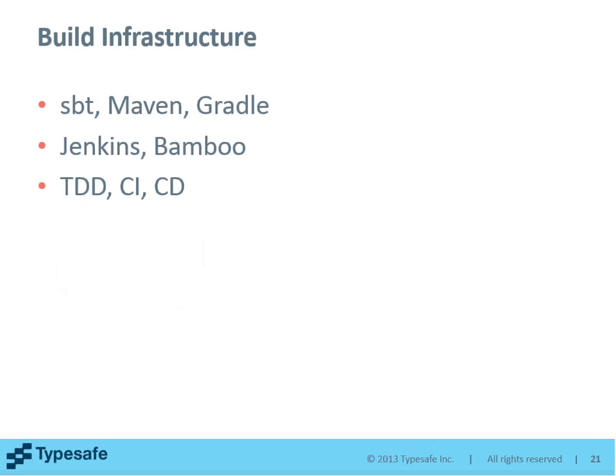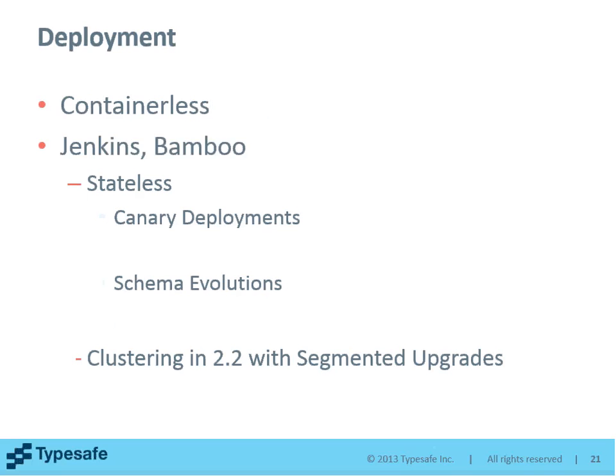For build infrastructure, we use SBT as the primary build tool, but there's also some support for Maven and Gradle if you're doing Scala and Akka as well. And then, of course, we support running continuous integration in Jenkins and Bamboo and even Travis CI. So the normal workflows that you have for doing TDD, for doing CI, for doing continuous delivery, all those are supported in the Typesafe platform.